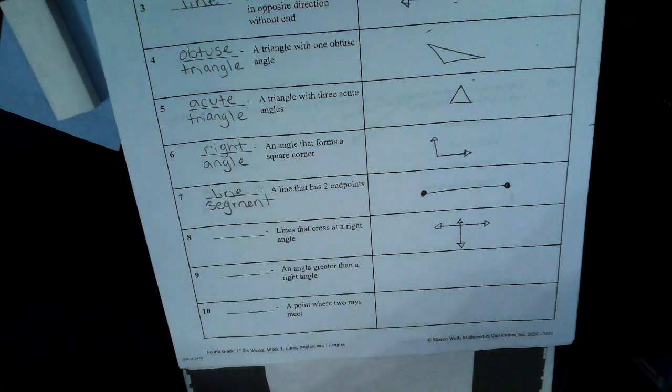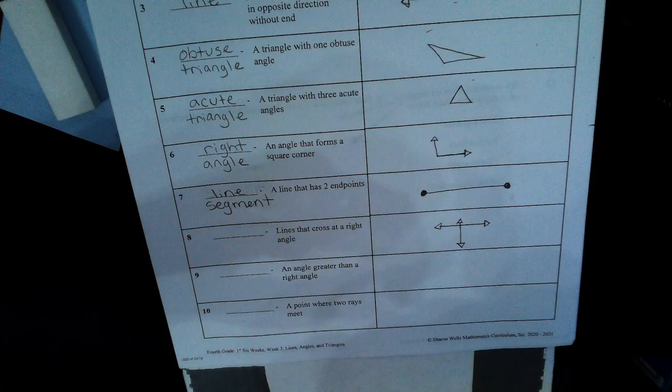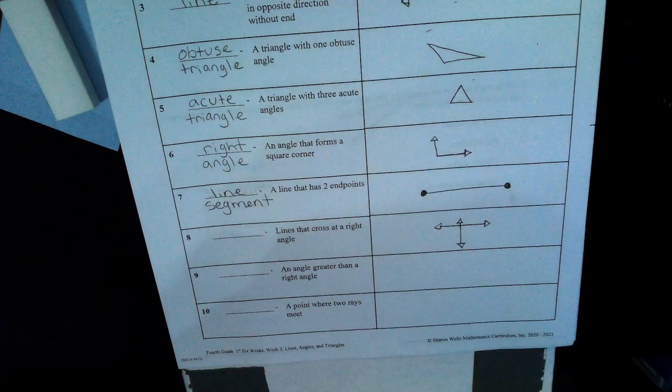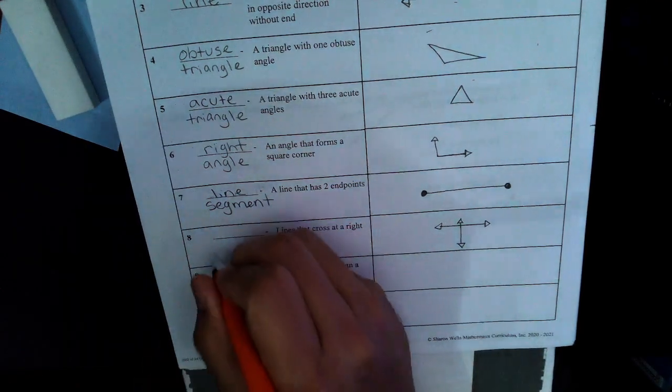This one had a longer name. Started with a P. Jaylene? Very, very good. These are perpendicular lines.